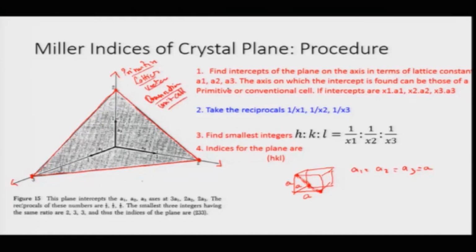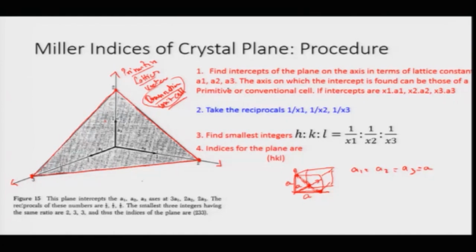For the cubic cell, of course, it is very easy, your conventional and the primitive are both identical. So along these 3 axes, which are the fundamental translation vectors of your lattice, it could be either primitive or non-primitive, namely along the conventional unit cell, you find the intercepts.